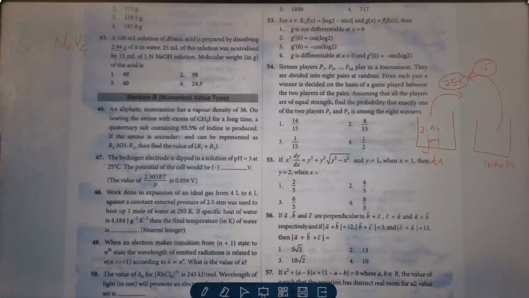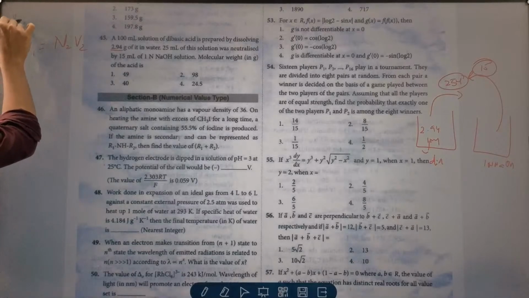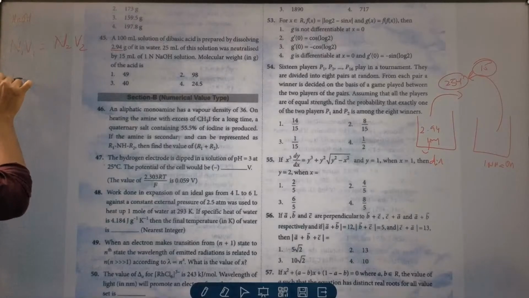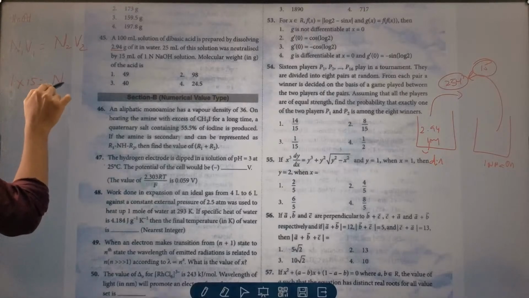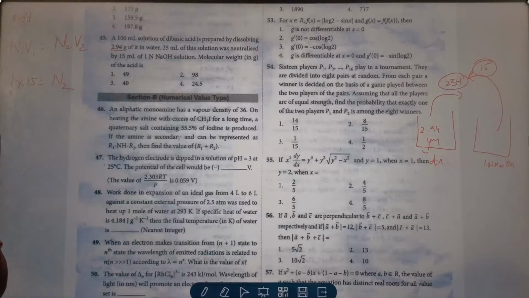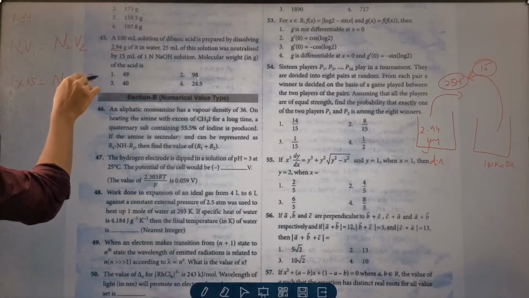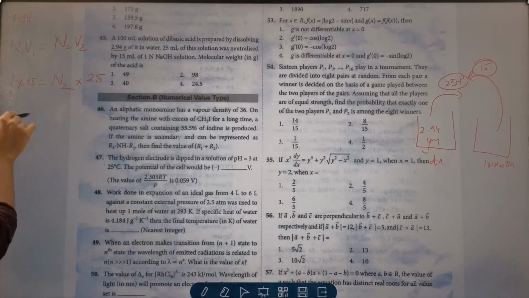Suppose N1 we are taking as NaOH, so normality of NaOH is 1, volume taken is 15 ml. And N2 we have to find, volume taken is 25 ml.